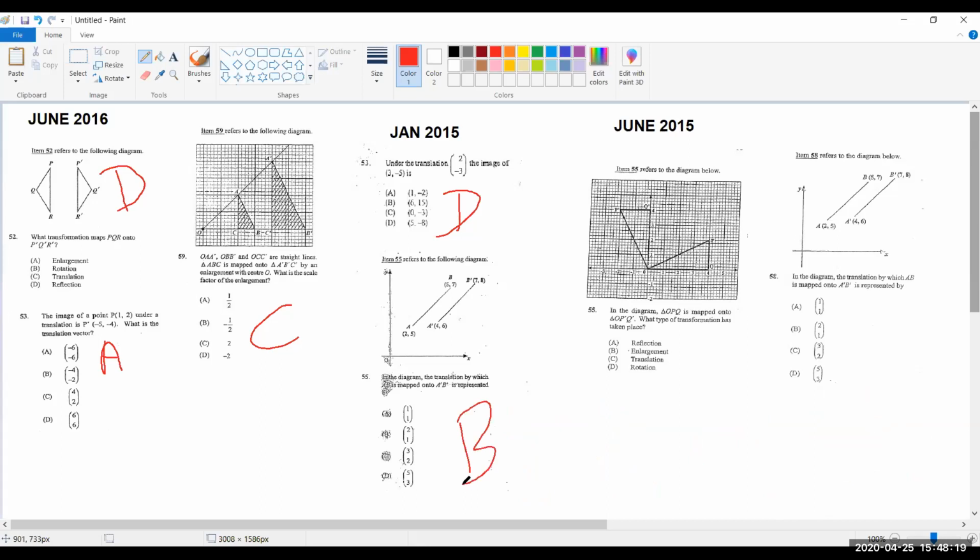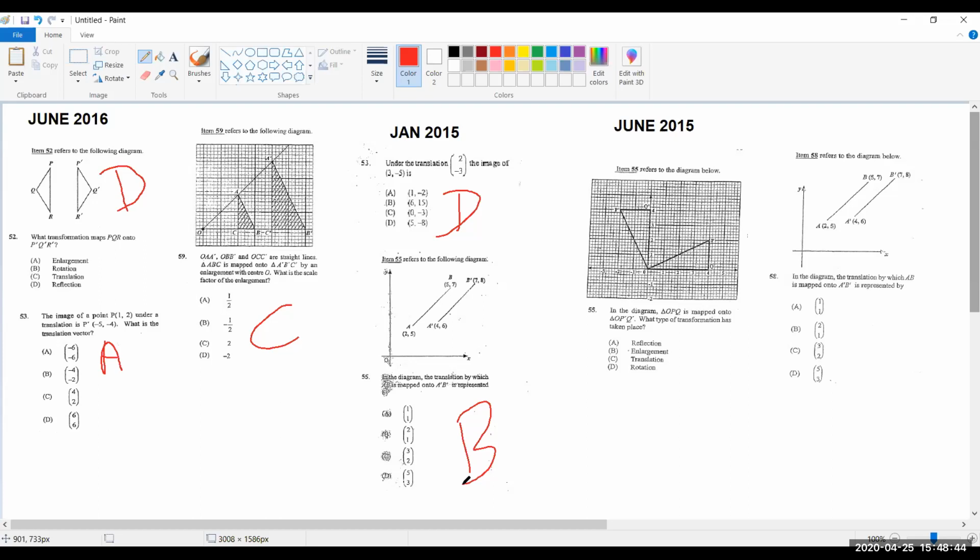Let's look at this next one, June 2015. What is the answer? D. D for dog. B. Okay.